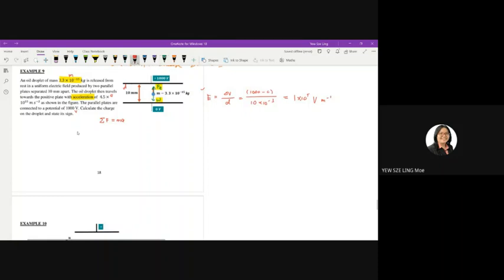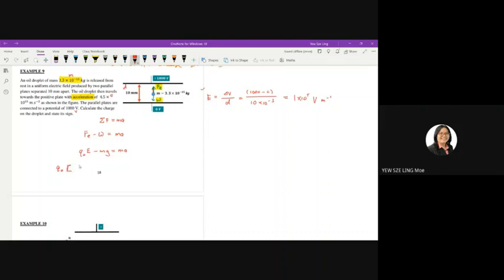So if you expand the equation, you will have Fe minus W equals ma. Fe is the electric force, so qE minus mg equals ma. Rearrange the equation. Here q is the charge that I want to determine.